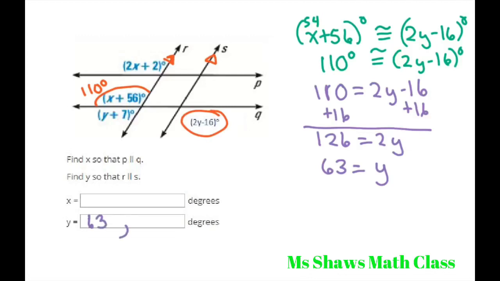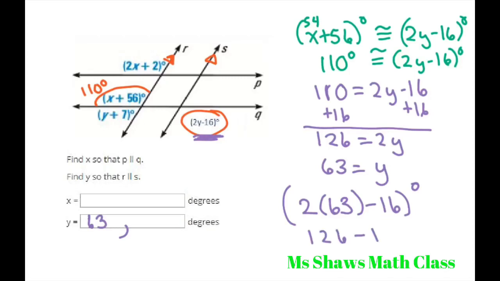But our degrees, you plug that in, and you should get 110. So 2 times 63 minus 16 degrees. So that's going to be 126 minus 16 degrees equals 110.